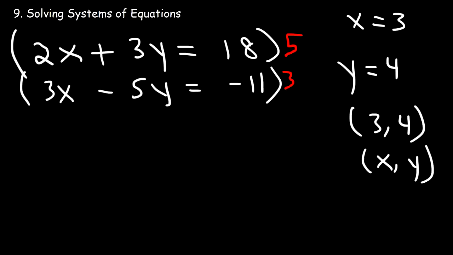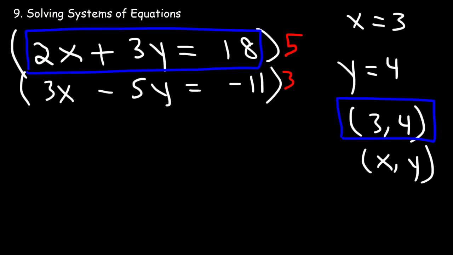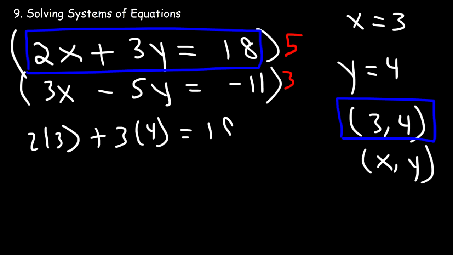To check the answer, what you could do is plug it back into both equations to see if you get the right answer. So let's start with the first equation. 2 times 3 plus 3 times 4. Let's see if that's equal to 18. 2 times 3 is 6, 3 times 4 is 12, and 6 plus 12 is 18.